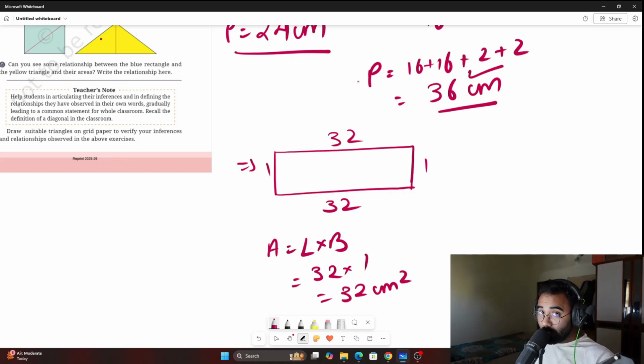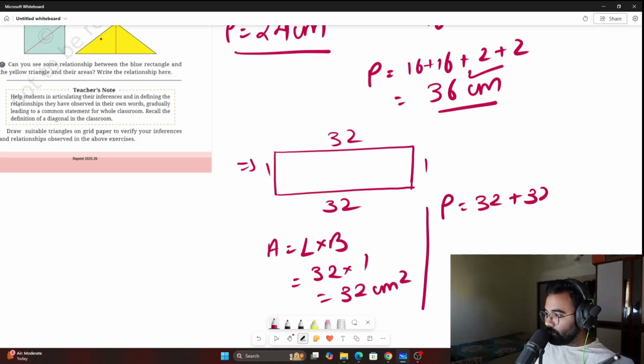But what about the perimeter? Perimeter is simply 32 plus 32 plus 1 plus 1. So 32 plus 32 is 64, 64 plus 2 is 66 centimeter.